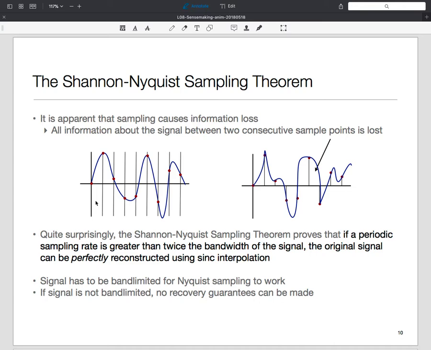Another way of saying it: you can ask me what the value was at time t, somewhere in between the sampling points, and I would be able to tell you accurately. But we have to place this restriction, because otherwise there are infinitely many curves. If the signal is not band limited, that is, it occupies an arbitrary amount of spectrum, then we really cannot recover it.